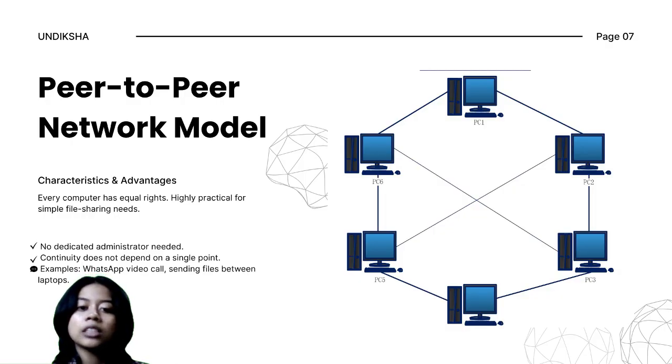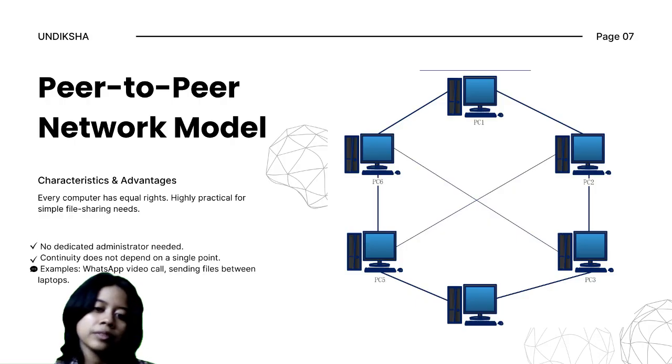If one computer shuts down, the rest of the network continues to communicate uninterrupted. This model is highly practical, cost effective, and easy to set up for simple localized tasks.